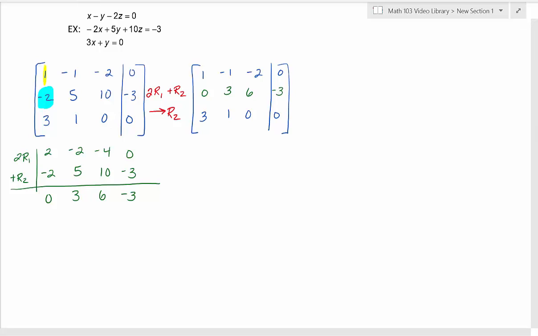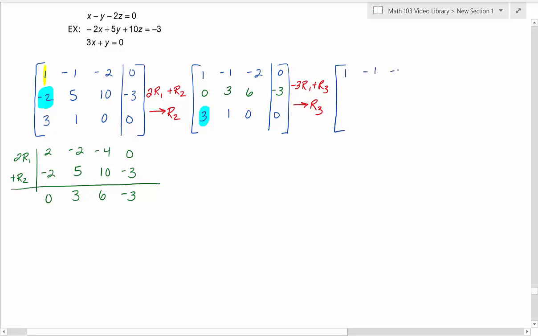Still working on getting all zeros below our leading one in the first row, first column. We'll now change that 3 into a 0. Our row operation will be -3 times row 1 plus row 3 for a new row 3. Writing down the first 2 rows.